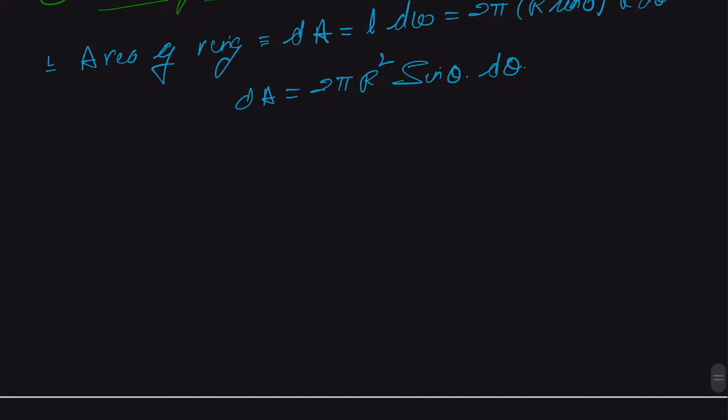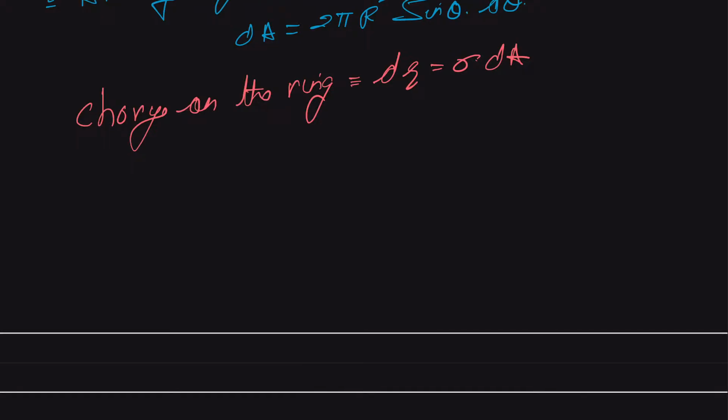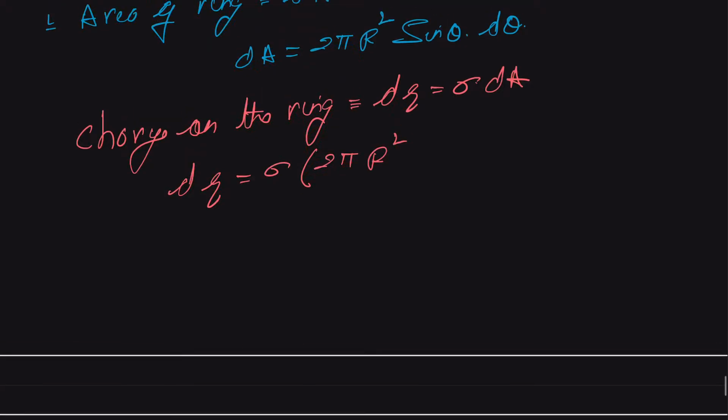And our charge on the ring, let us suppose that is dq, which is our charge density multiplied by our area, and we get that this charge dq will be equal to the charge density, and the area we already know is 2 pi r square sine of theta and d theta.